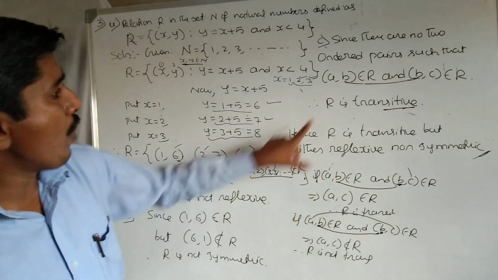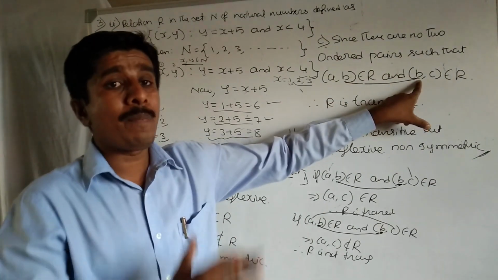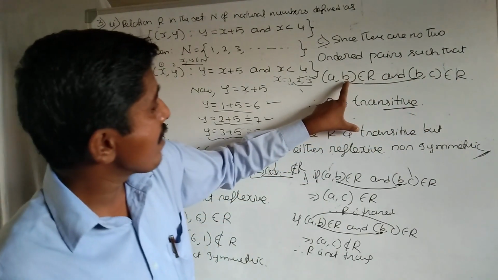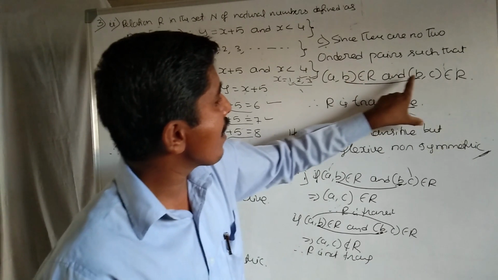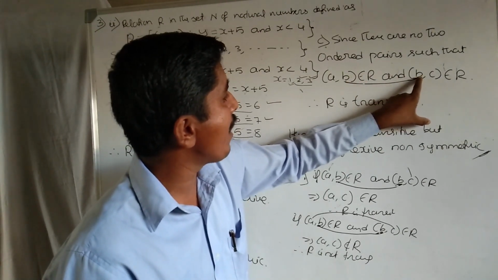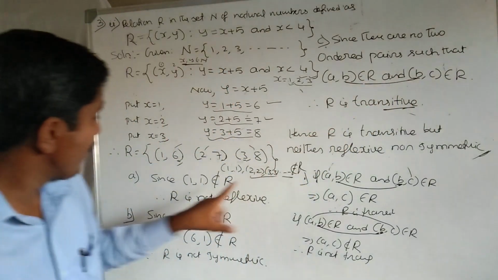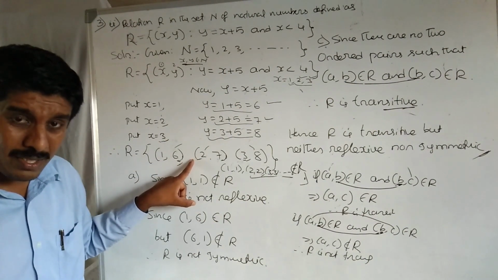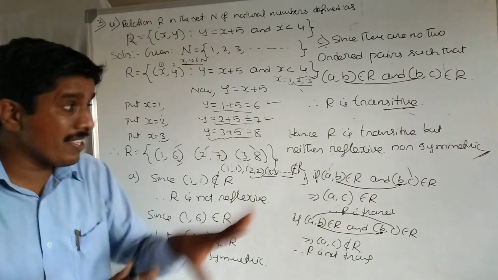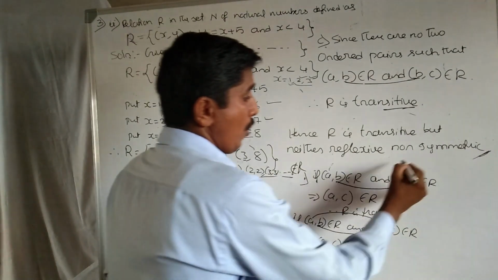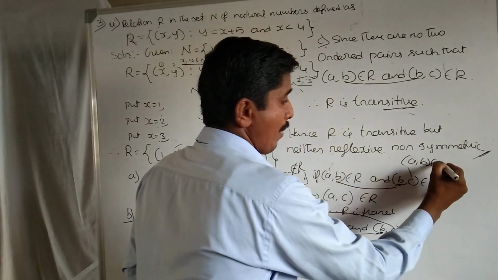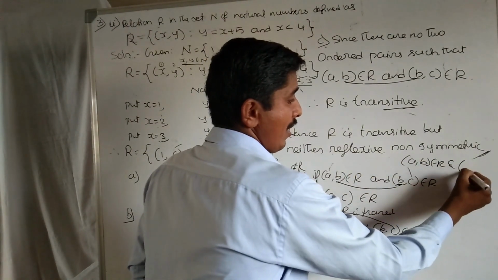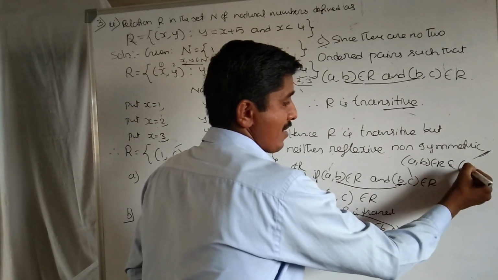Next, we don't have this type of ordered pairs in the relation, where the second element in the first ordered pair is equal to the first element in the second ordered pair. This type of ordered pairs is not in the relation, which means it is transitive. Mind it. Only (a,b) belongs to R, and we don't have a second ordered pair in which the first element equals this.